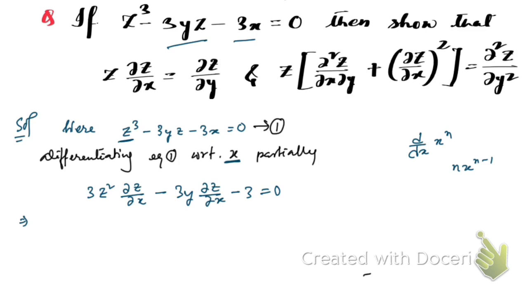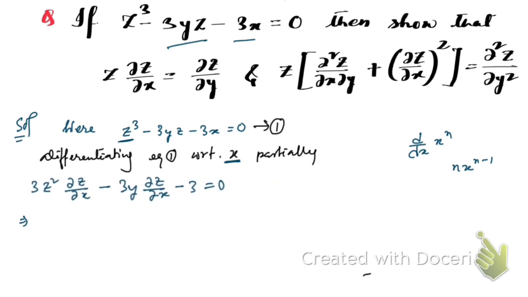Here you see we can divide both sides by 3. If you divide each and every term by 3, then you have z square del z by del x minus y del z by del x. The 3 is cancelled because we have divided by 3. Then minus 1 is equal to 0.